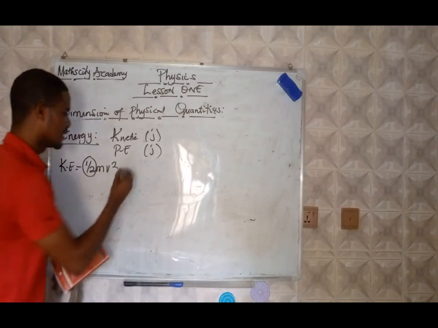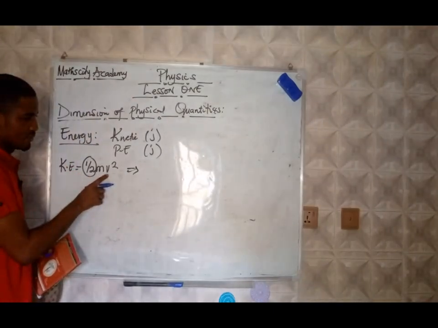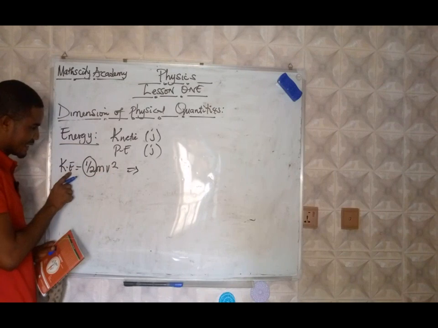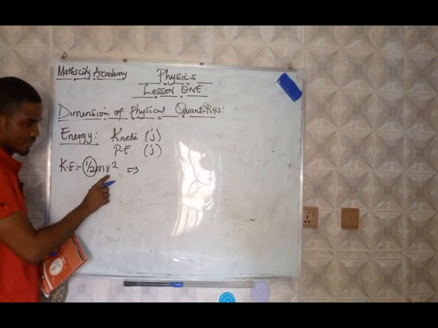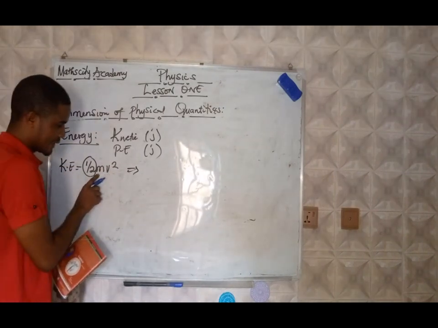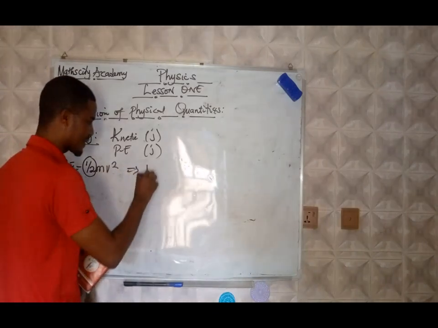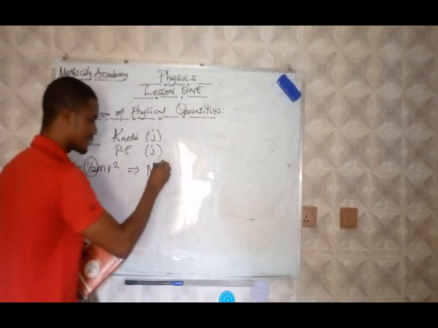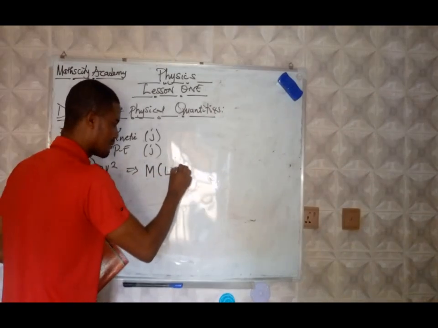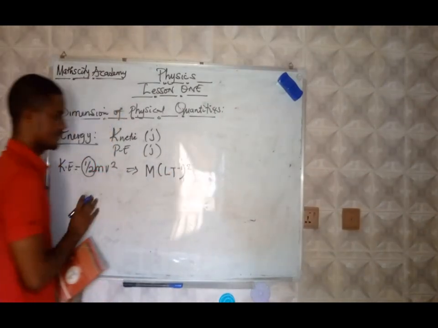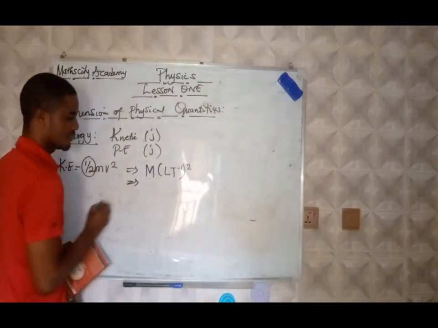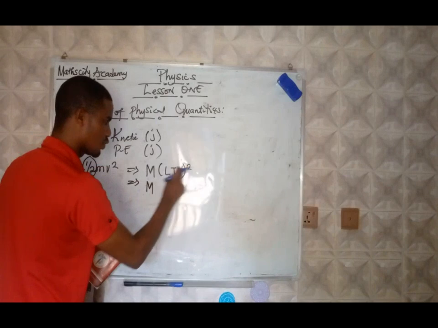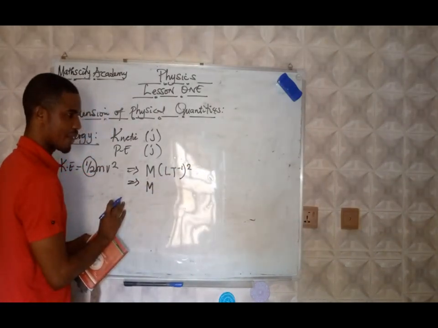So let me go on. We have mass times velocity squared. Remember that. So mass, the dimension for mass is what? Capital M. Now the dimension for velocity is LT minus 1, then all squared. This brings me to M, and the square belongs to both L and T. Hope you remember your indices.